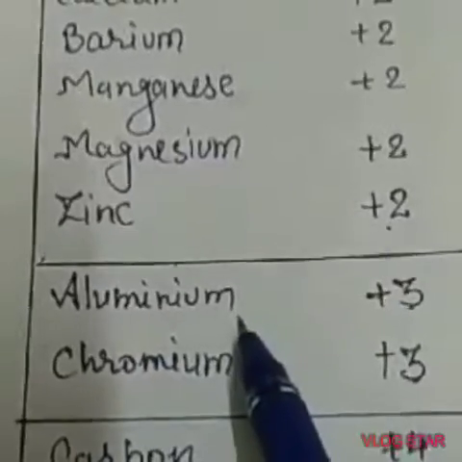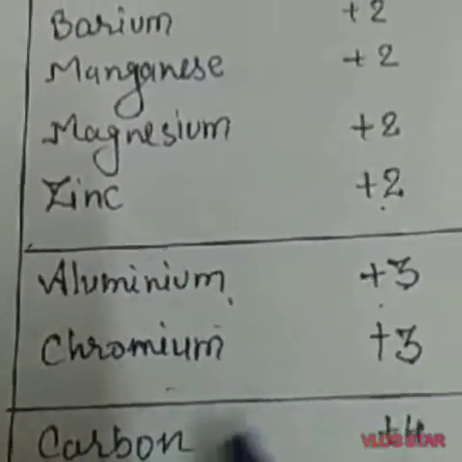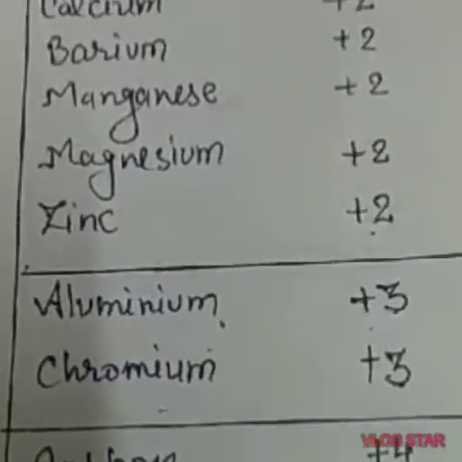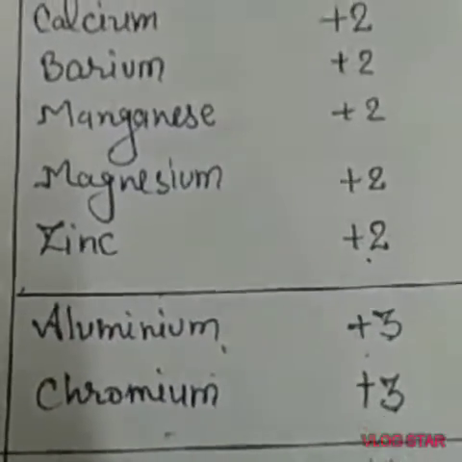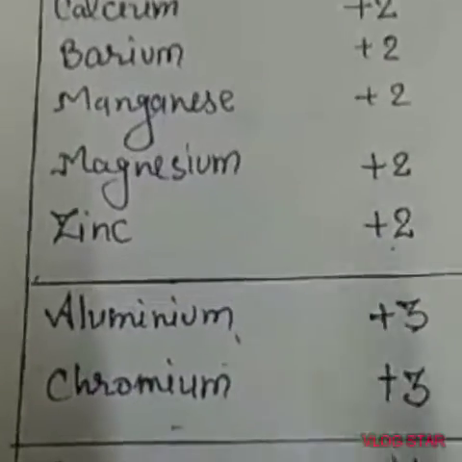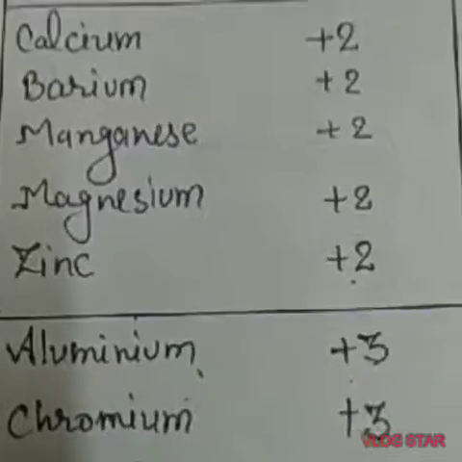For aluminium, valency is +3. Chromium, valency is +3. And for carbon, you can see valency of carbon is +4. So, these are the elements which have positive valency.